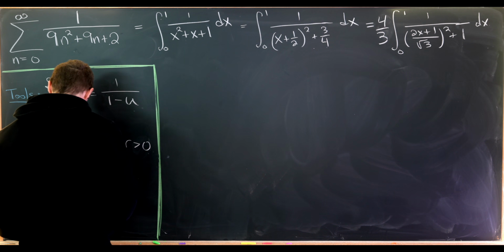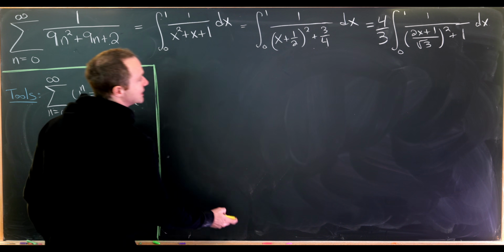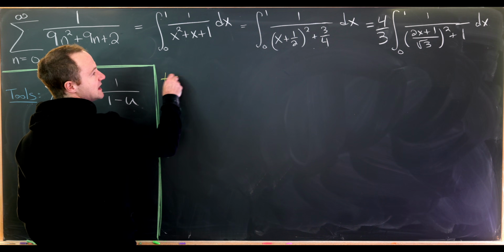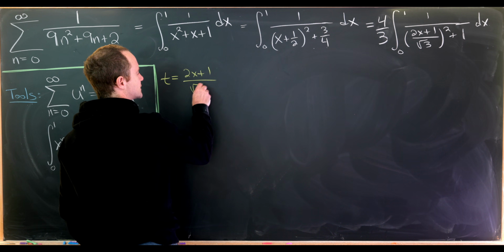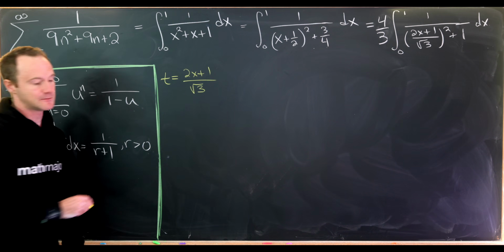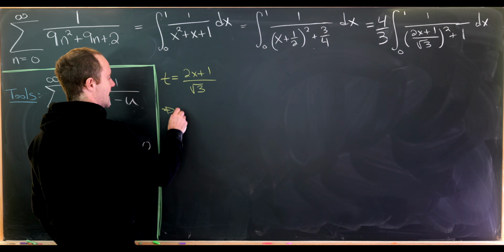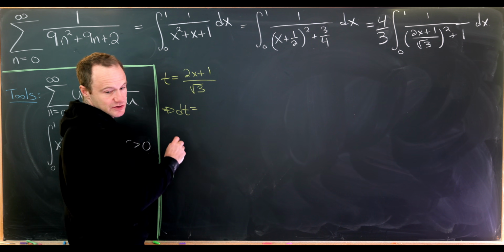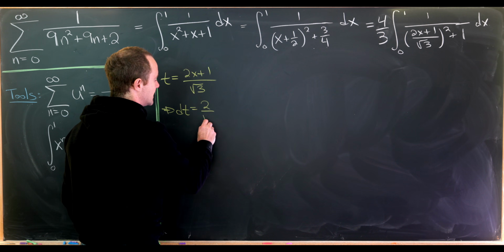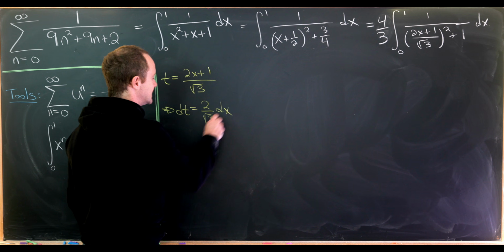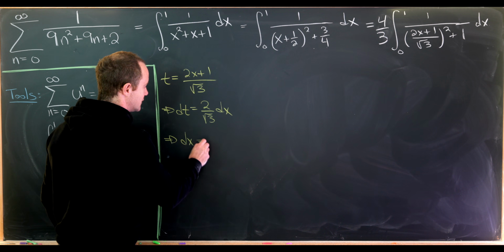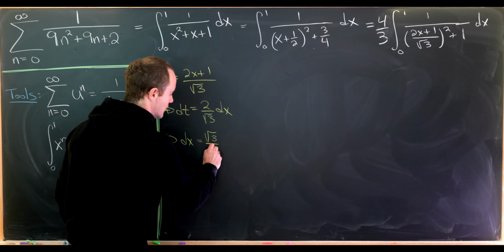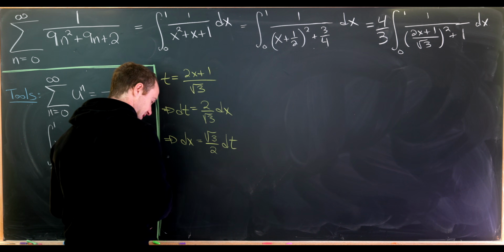So now we'll make a substitution, and the substitution in question will be t equals 2x plus 1 over the square root of 3. So that tells us that dt is equal to 2 over the square root of 3 dx, or in other words, dx is equal to the square root of 3 over 2 dt.